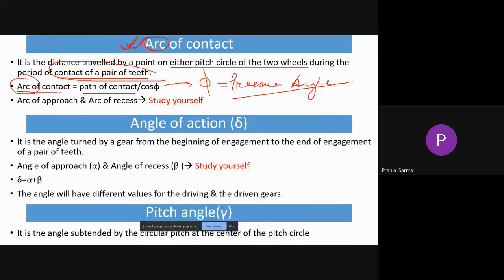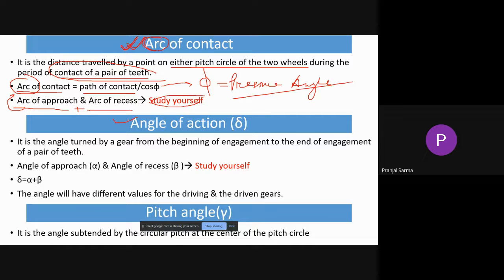And just like in the case of path of contact, where there are two portions, path of approach plus path of recess, giving the total path of contact, here also we have arc of approach plus arc of recess, the addition of which gives you the total arc of contact. Just study for yourself, similar to that only.